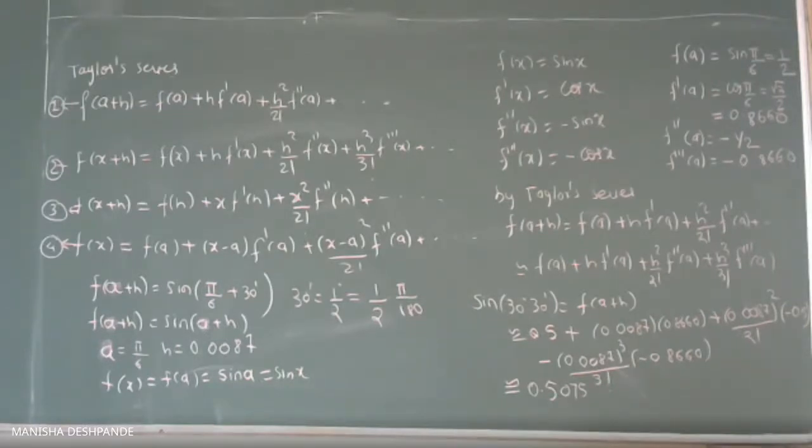Clear? So now the question which you have to write in your tutorial, question number 2, is: find the approximate value of square root of 10, correct up to 3 decimal places.